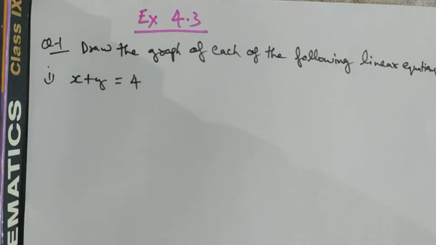I have told you the reason why: if we join 3 points, there is only one line which can pass through them. But if we have only 2 points and plot them on the graph, it will always form a line.